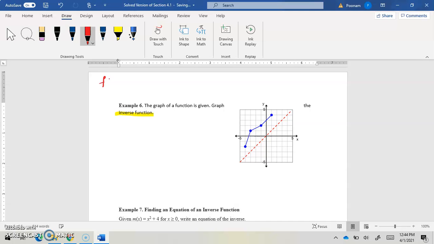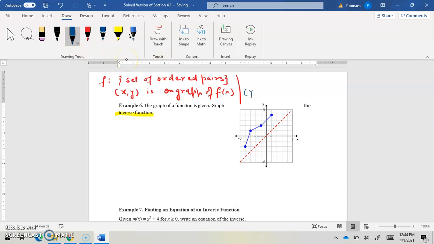If f is written as a set of ordered pairs, if a point (x, y) is on the graph of f of x, then the point (y, x) will be on the graph of f inverse. Okay, so let's figure it out.